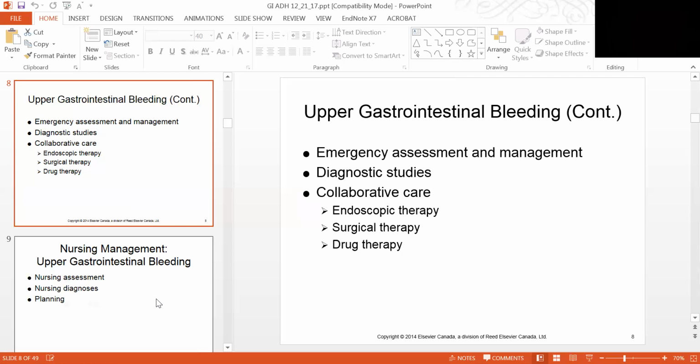So they would have other coagulation studies. They're going to do liver enzymes. So they want to see, first of all, the status of the liver. Is the liver the actual culprit? And is this liver failure, liver disease that's caused it? So maybe there is some portal hypertension causing it.